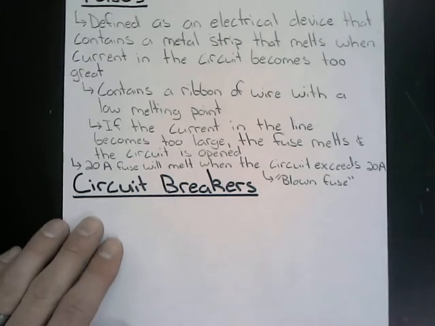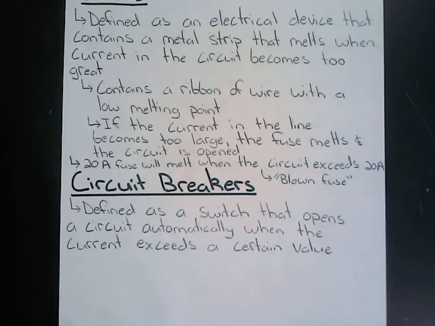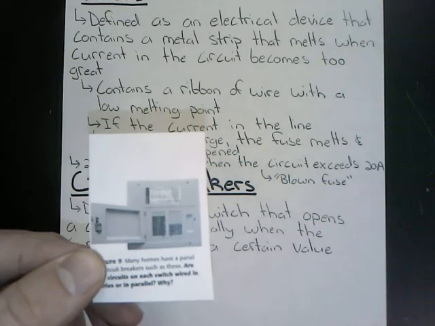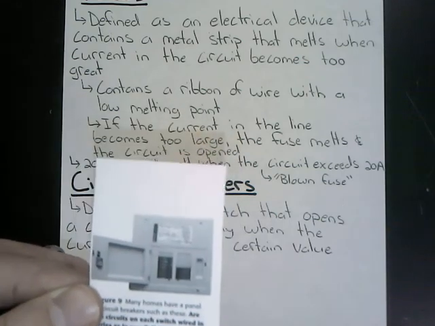Okay, so now circuit breakers. These are defined as a switch that opens a circuit automatically when the current exceeds a certain value. And so these are usually in these boxes here, and usually in a home or a house, they'll have a certain room with the circuit breakers.